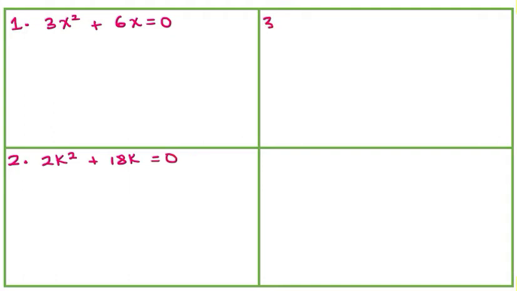Part 3, let us have 3y squared minus 5y is equal to 0. And in part 4, we get 3a minus 81a squared is equal to 0. This is another set of quadratic equations, and we will solve them by factorization.